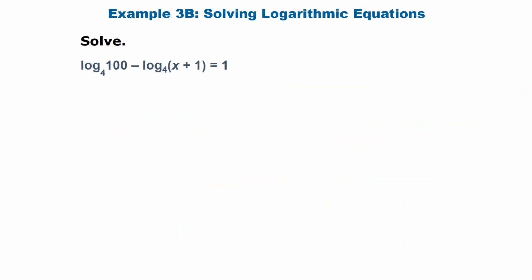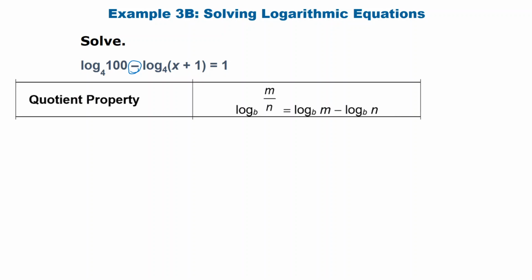Okay, we're going to solve another problem. The first thing I notice on this problem is that I have log base 4 of 100 minus log base 4 of x plus 1 equals 1. So I actually have a property. It's called the quotient property. Whenever we see a problem with logs of the same base and it's minus, what we can do is put them together and say log base b of m over n.